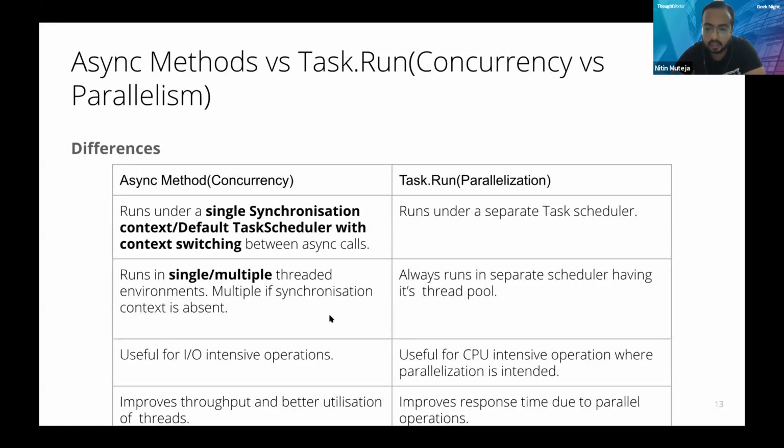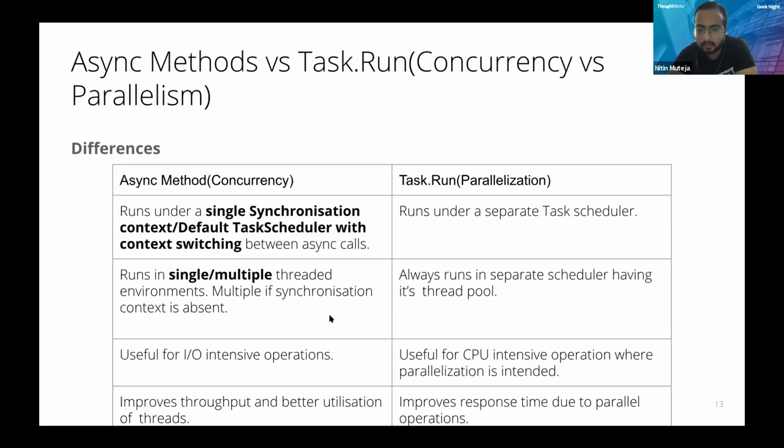The benefit we reap out of asynchronous programming is that we get better throughput, and we are able to have better utilization of our resources. Whereas with task parallelization, we generally improve the response time because we have multiple operations running in parallel.